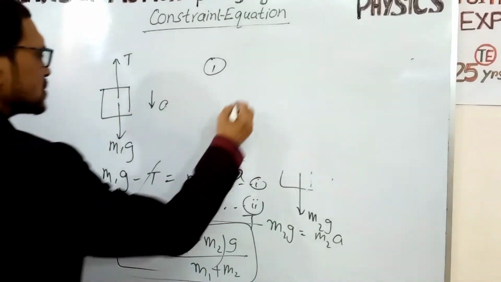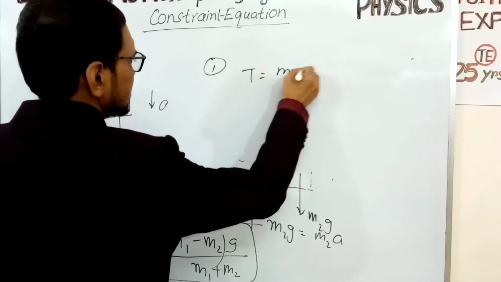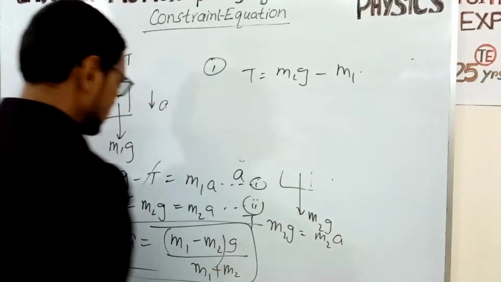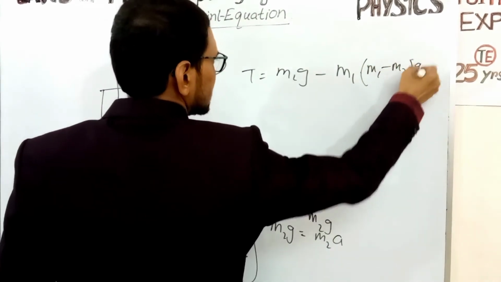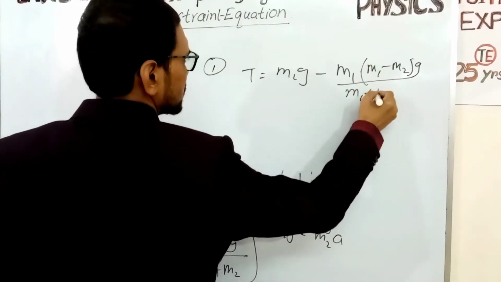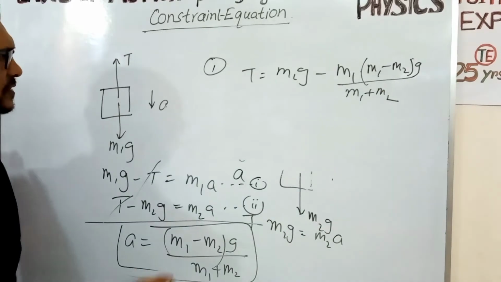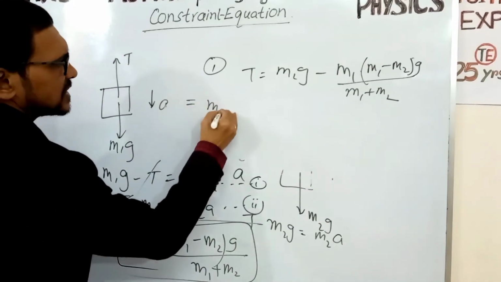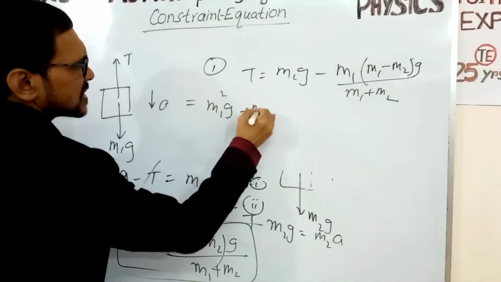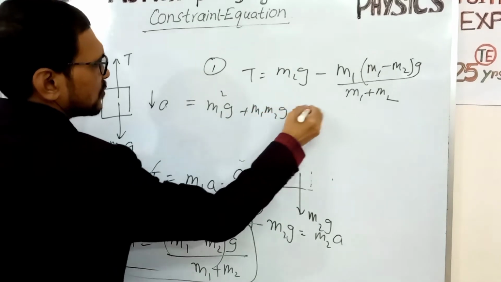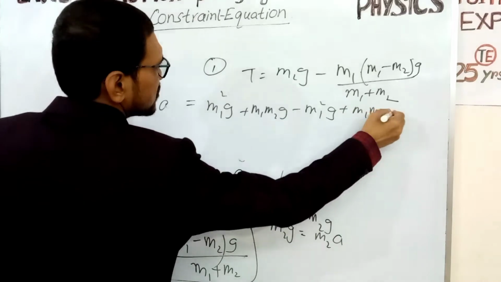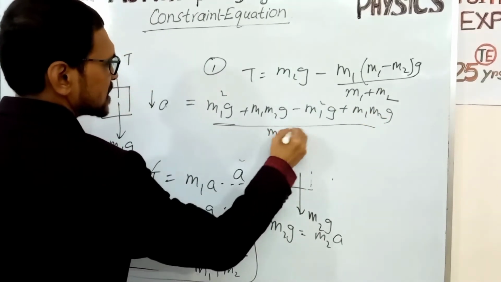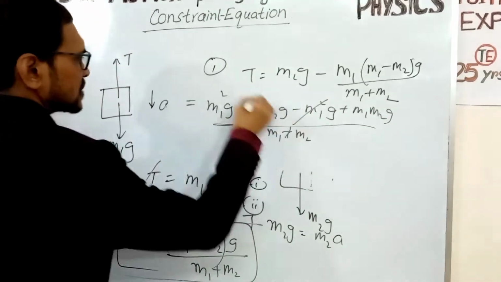Now a equals this, so T equals m1g minus m1 into a. The value of a is (m1 minus m2)g by (m1 plus m2). If we simplify, we get m1 square g plus m1 m2 g minus m1 square g plus m1 m2 g, by m1 plus m2.